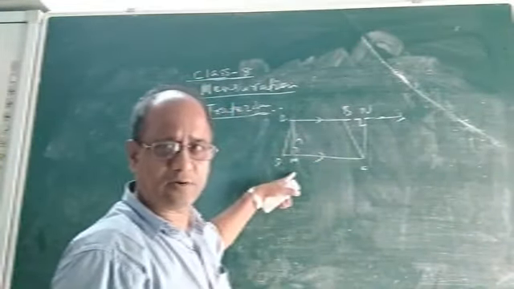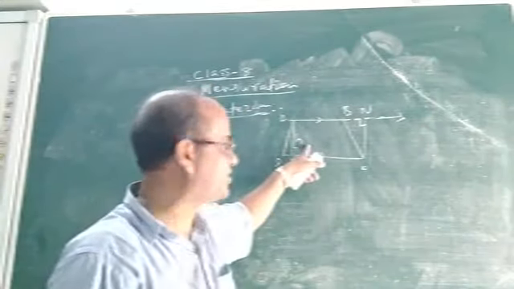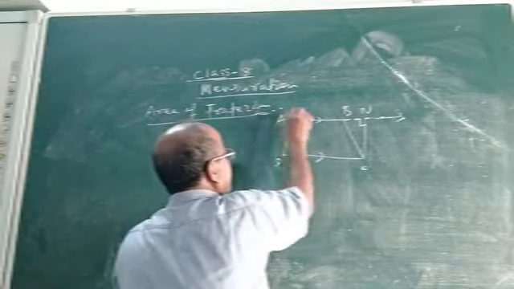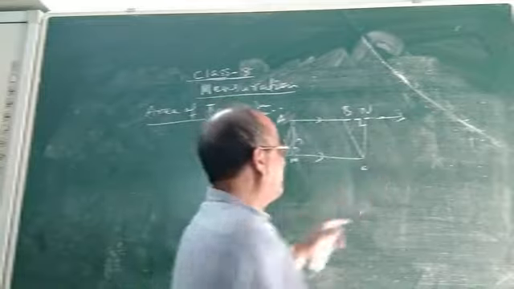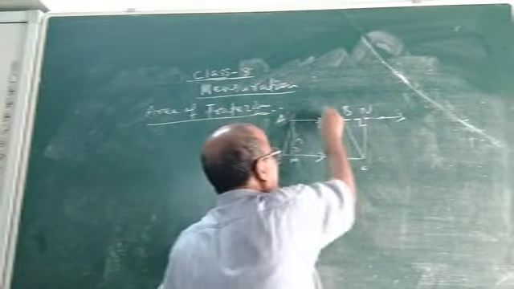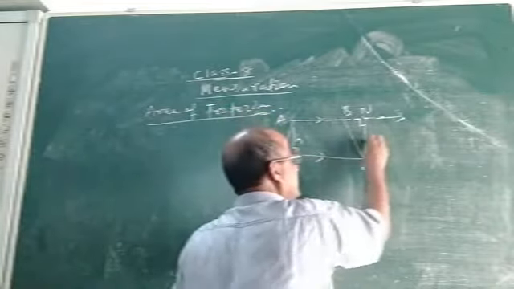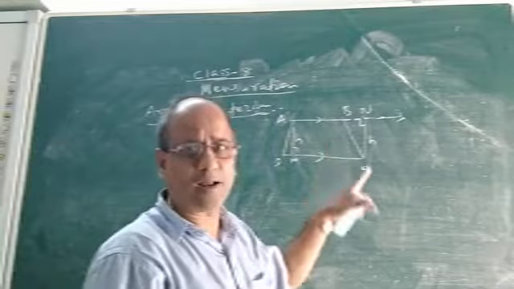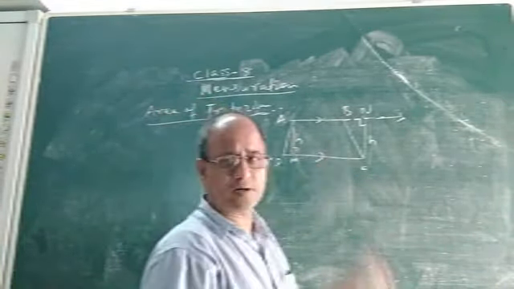AM is the perpendicular distance between the two parallel lines, so it is the altitude, let it be H. Similarly, extend AB and draw another altitude. CN is also the perpendicular distance between AB and DC, hence it is also an altitude, so its length will be H. As I told you, the perpendicular distance between two parallel lines is always the same everywhere in the plane.